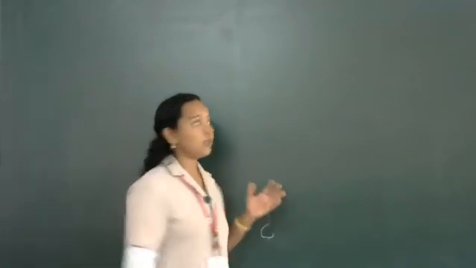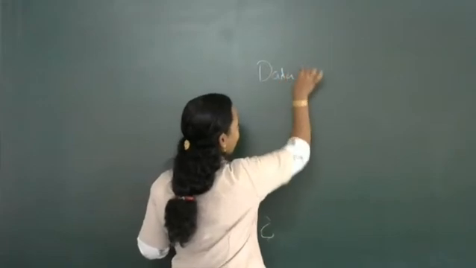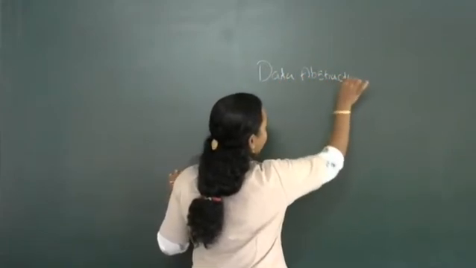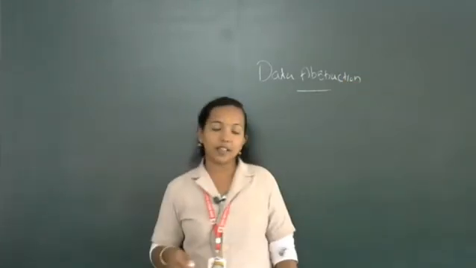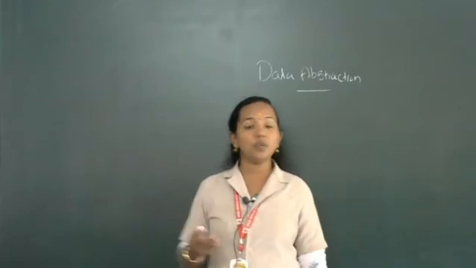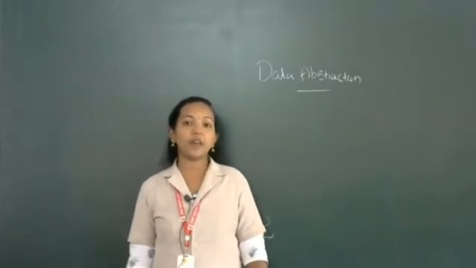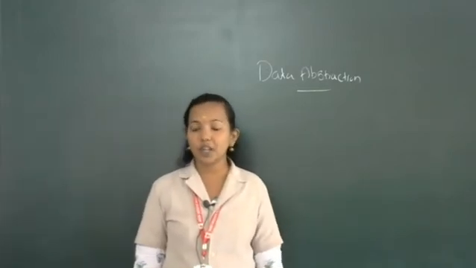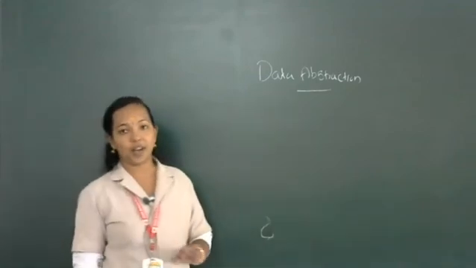Data abstraction. So first we will discuss data abstraction. Data abstraction means how data is represented in DBMS and how the user is extracting data from DBMS. Actually, for implementing data abstraction, DBMS provides 3 levels of data abstraction.